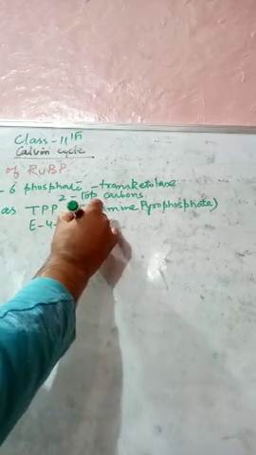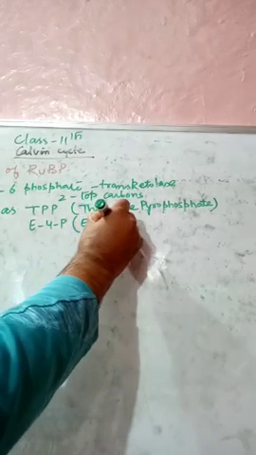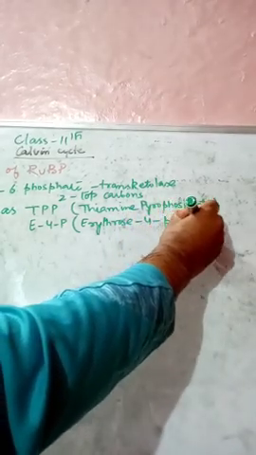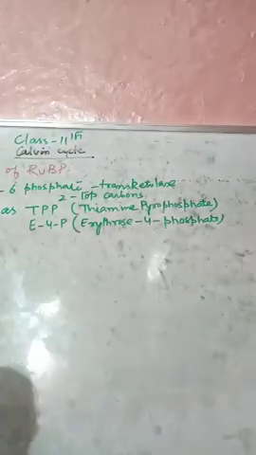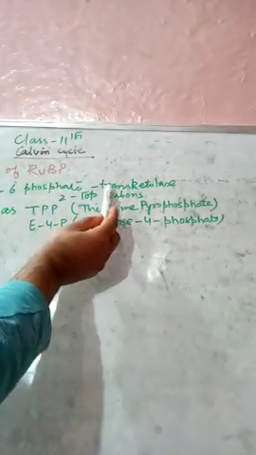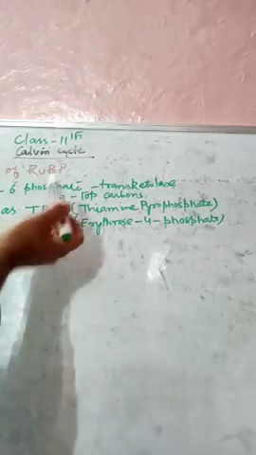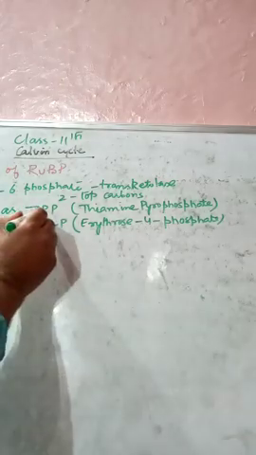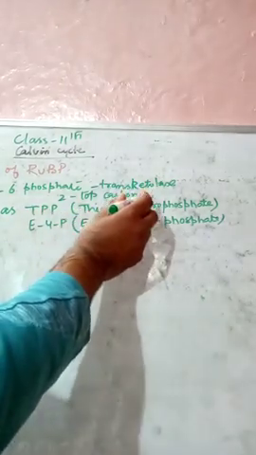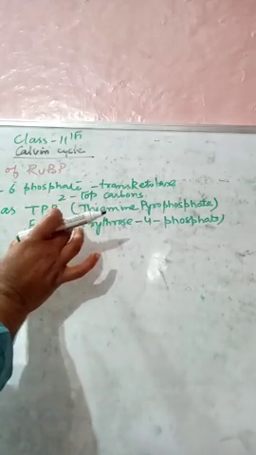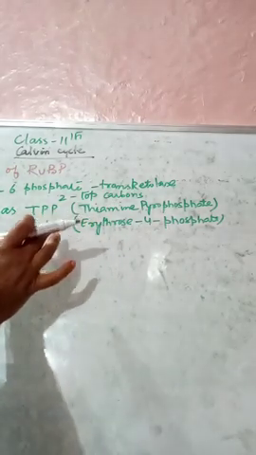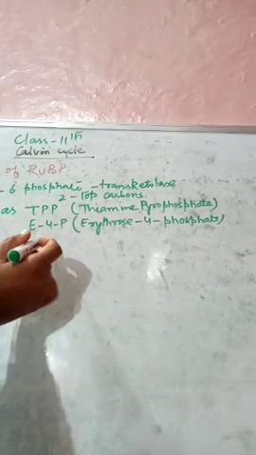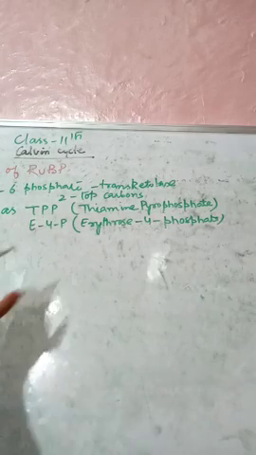It is erythrose 4-phosphate. So what happens? This F6P undergoes the transketolase reaction, and during this reaction, two top carbons are removed as TPP, thiamine pyrophosphate, and the second product is E4P, which is called erythrose 4-phosphate.